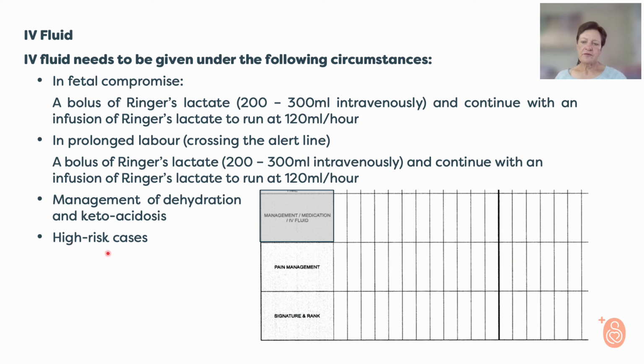And then in all high-risk cases, I think it's always a good principle to put up an IV infusion and make it run very slowly, so that whenever we need an open vein to give any medication, like, for example, syntocinon in the case of a patient that's bleeding, or in the case of patients with high blood pressure, to give some intravenous medication, we always have an open vein. And also in the cases of high-risk patients for postpartum bleeding.